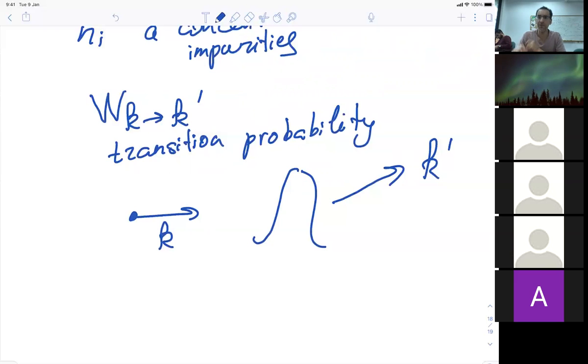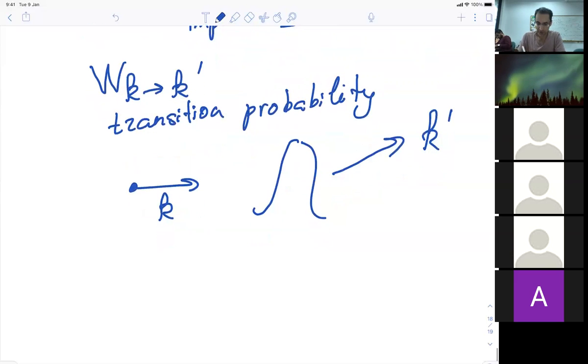Now, when you compute the T matrix for states K and K prime, you can employ different approximations. The easiest one is perturbation theory for small impurities.